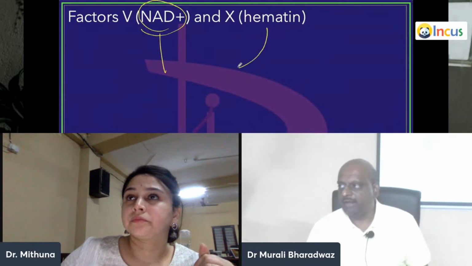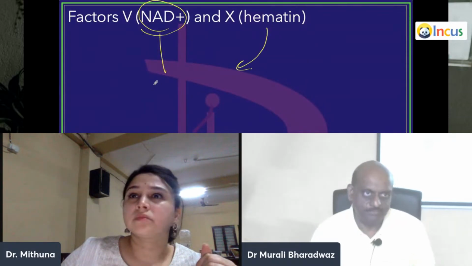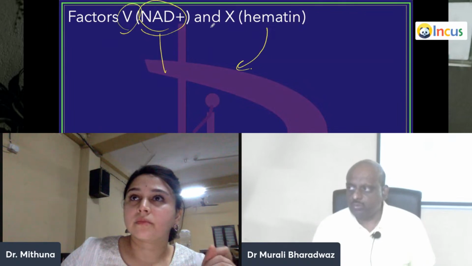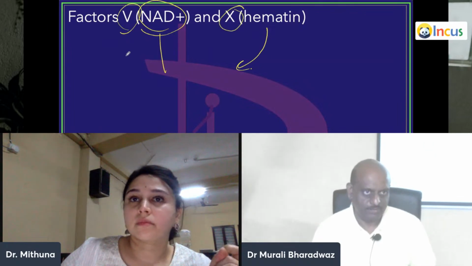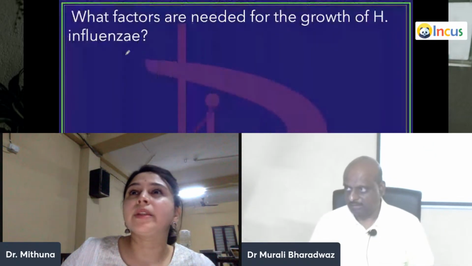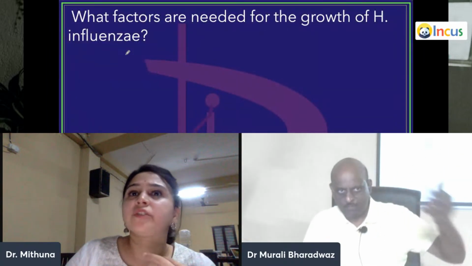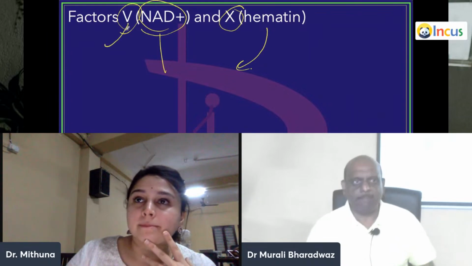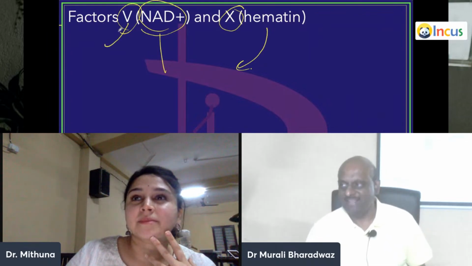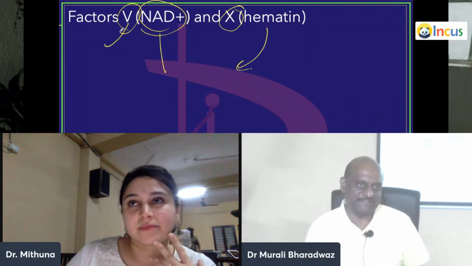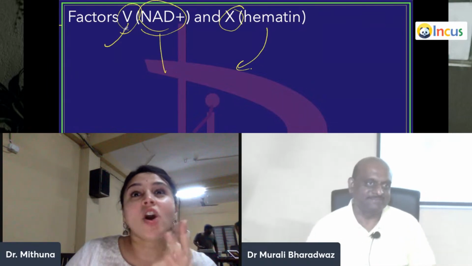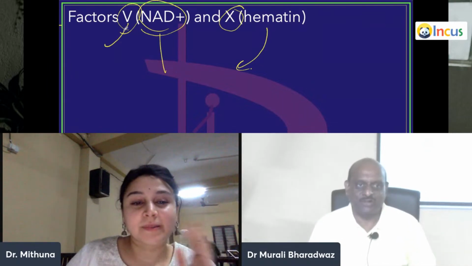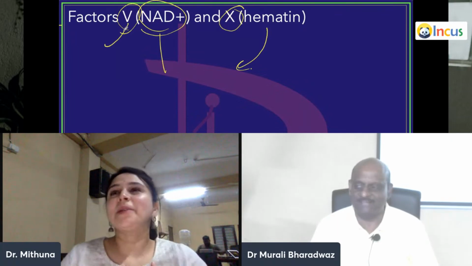Similarly, it requires hematin. If you provide these two, then there is growth of Haemophilus influenzae. So they gave some pet names, factor V, factor X. That's the only thing. It's not 5 and 10, it's factor V, factor X.